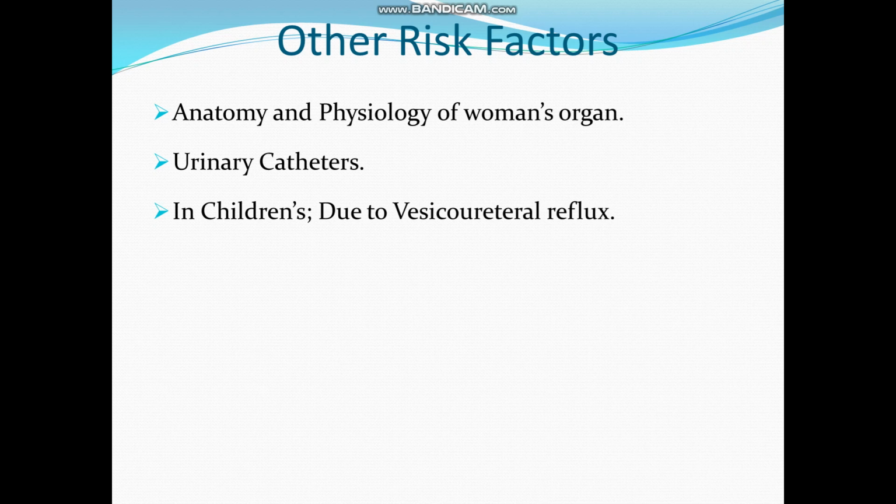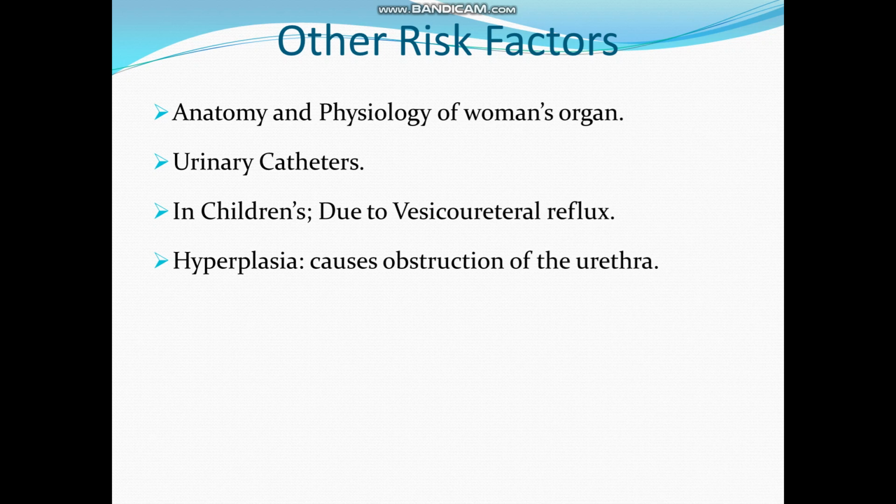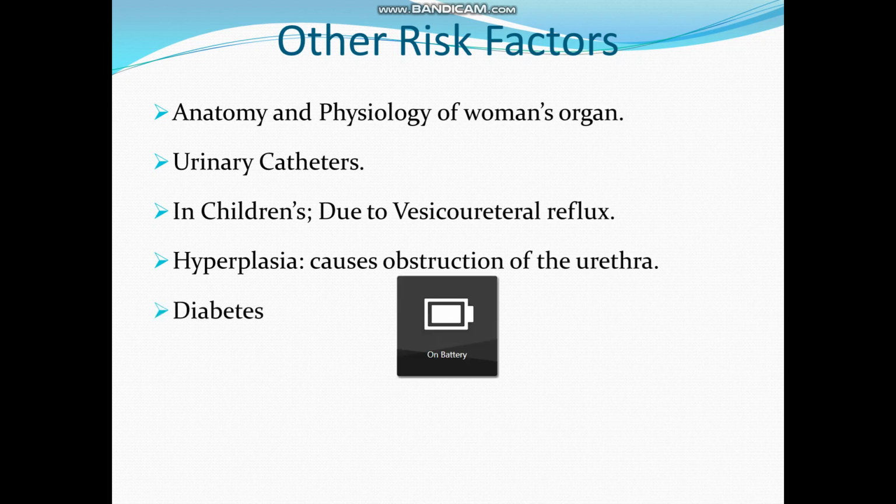In children, vesicoureteral reflux, the abnormal backward flow of urine, raises the risk. Prostatic hyperplasia can cause obstruction of the urethra, and diabetes also increases the risk for urinary tract infection.